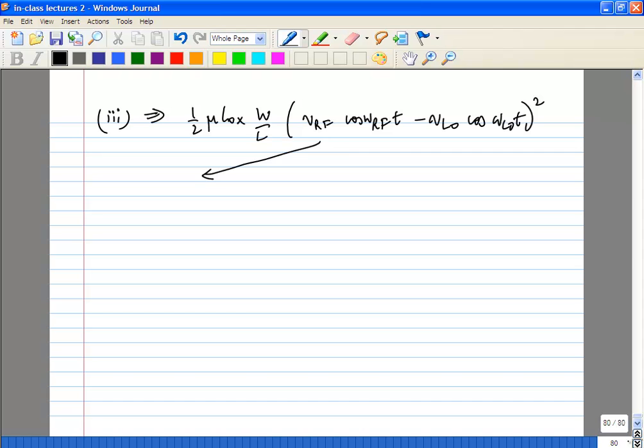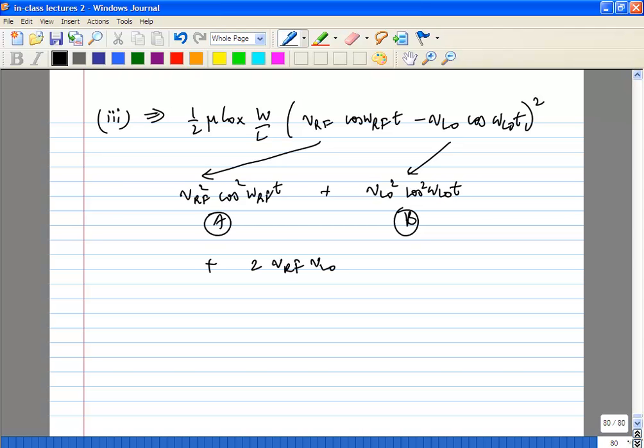What is the first term? Again, let's call this A. Let's call this B, and we get the cross term.